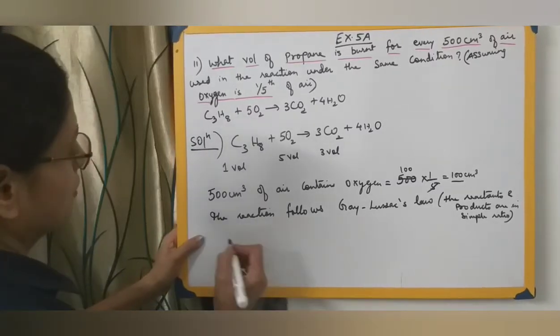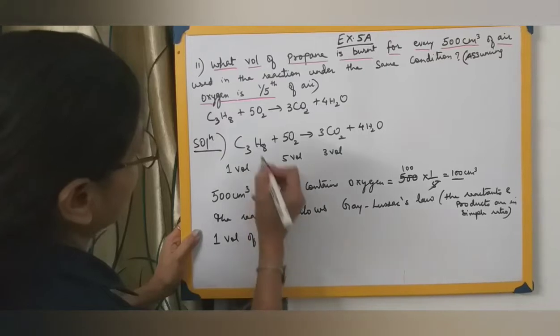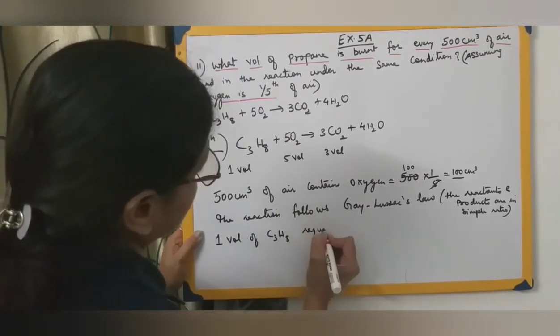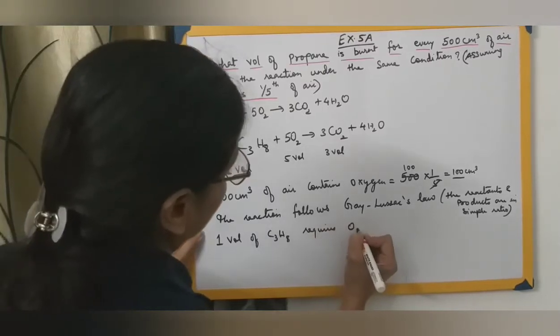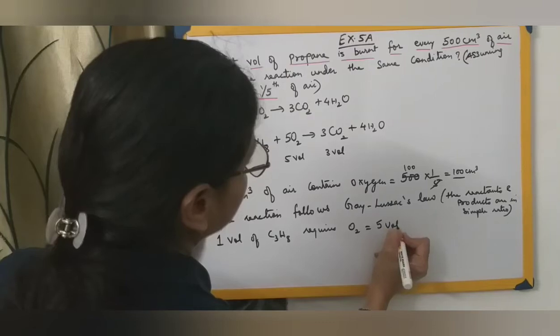Okay, next, 1 volume of this propane C3H8 requires oxygen equals 5 volume.